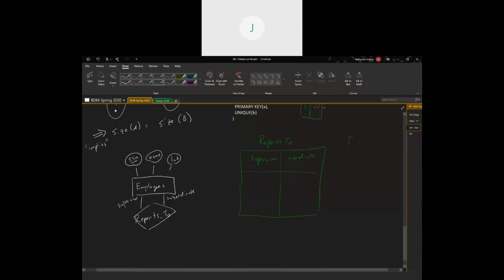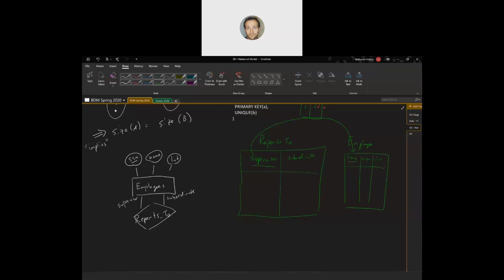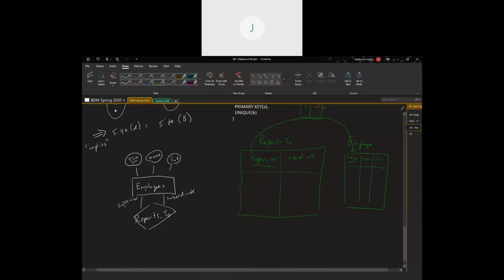Okay, yeah, so let me put an employee table here. So this is a primary key with your SSN name lot. Okay. And that's it? That's all I got. I don't know if there's more. Okay. Let's see.